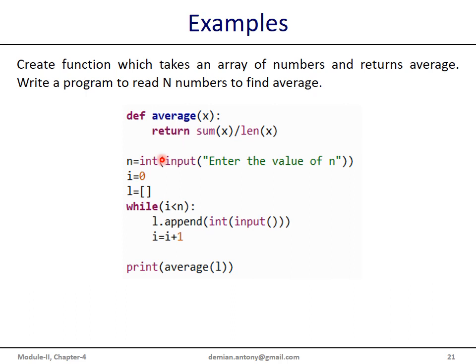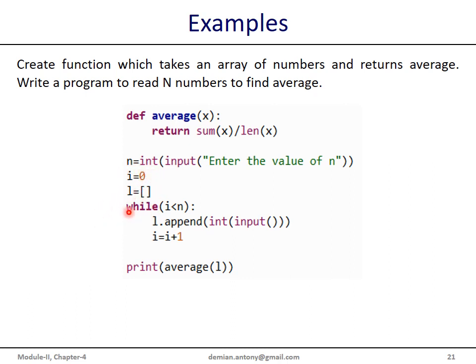In the main program, what we are doing is we create an empty list with just two square brackets. This is the notation of an empty list. L is the list, and we use a counter I equal to 0, which implies that no elements are present in the list.